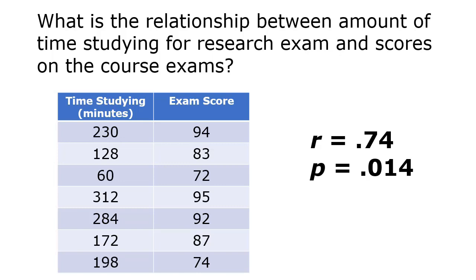On the left is time studying, and on the right is score on a research exam. What these represent is students who record the amount of time they studied for a particular exam, just how many minutes did you study, and then you collect the data on their exam score, and you try to determine if there's a relationship between those two. So that's what correlations do.